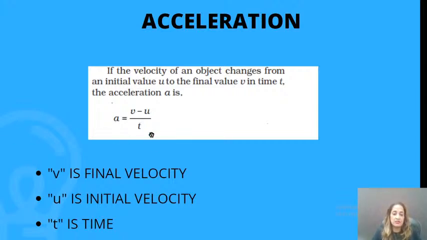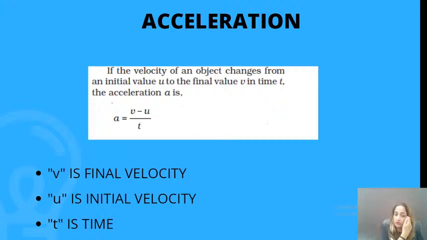So for acceleration, we have final velocity minus initial velocity divided by the time taken. So what is the velocity unit? It doesn't matter that we are subtracting these two numbers. The velocity unit is meter per second. That is what we know. That was our speed, our velocity, the distance covered over a given period of time.